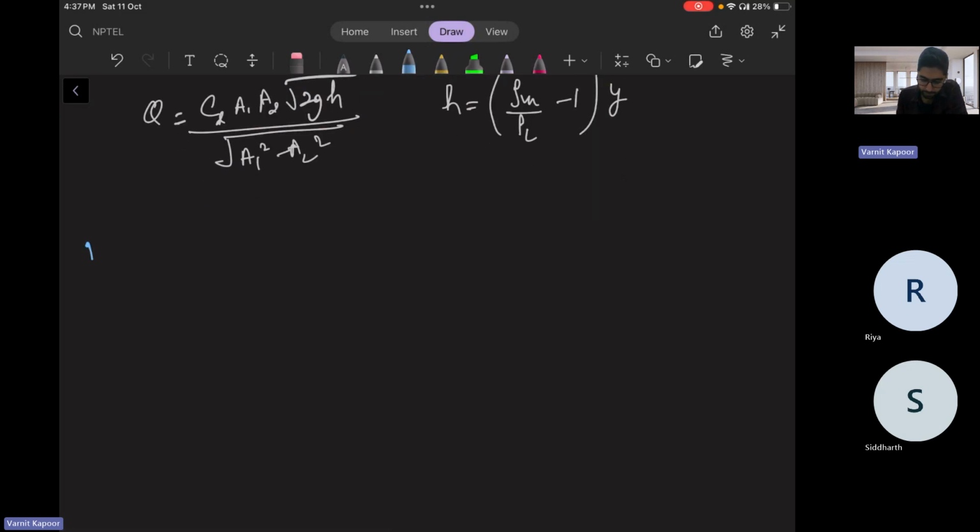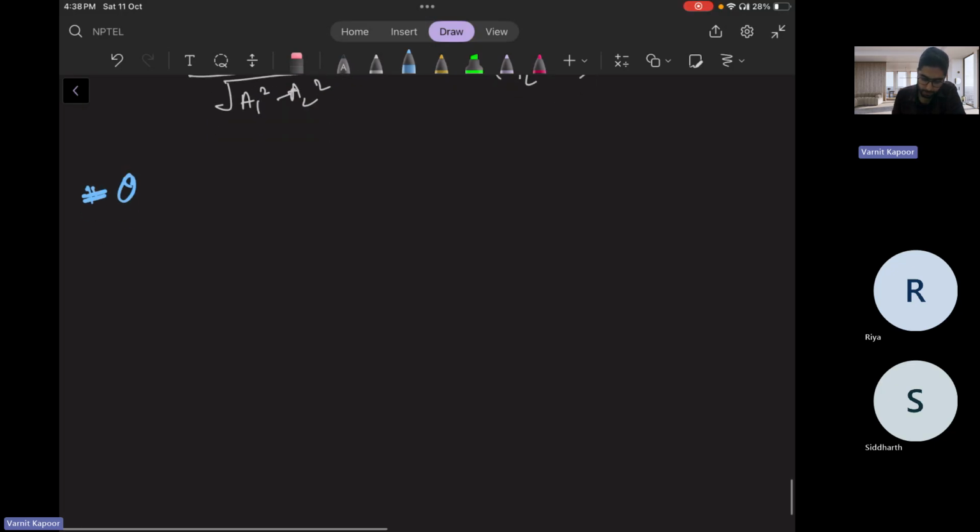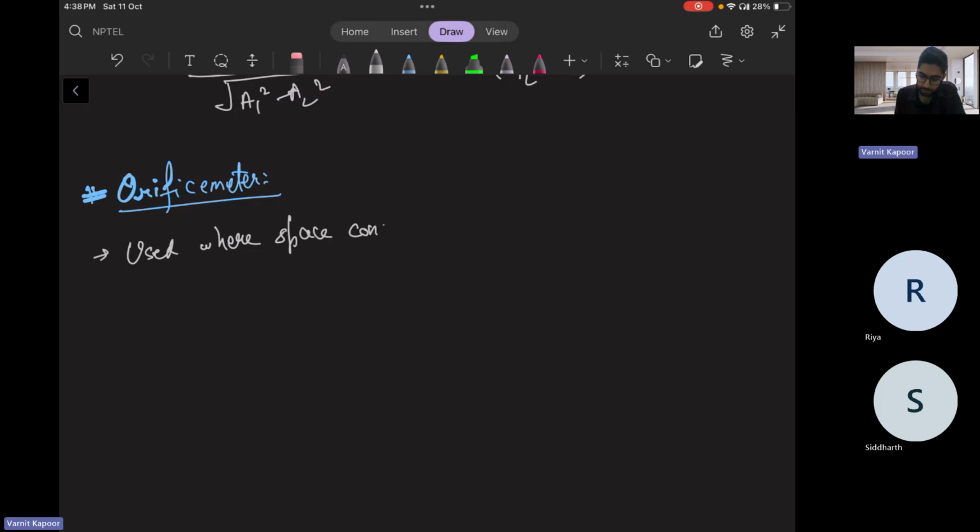Orifice meter. Used where there are space constraints, a less expensive device.